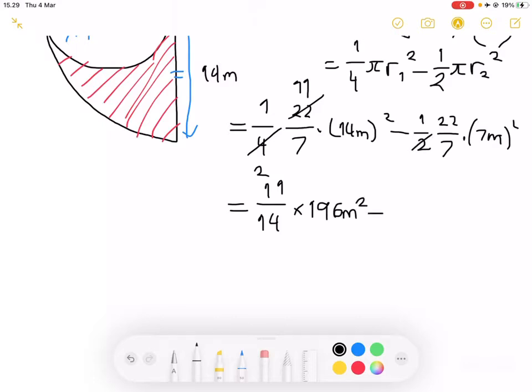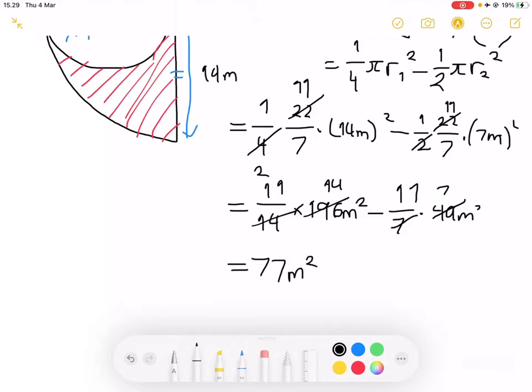This also cancels to be 11 on the top. 7 meters squared is just 49 meters squared. This cancels and this cancels to make this a 14. This cancels and this cancels to make this a 7. Now overall this will give us 77 meters squared. And that's our answer for the area.